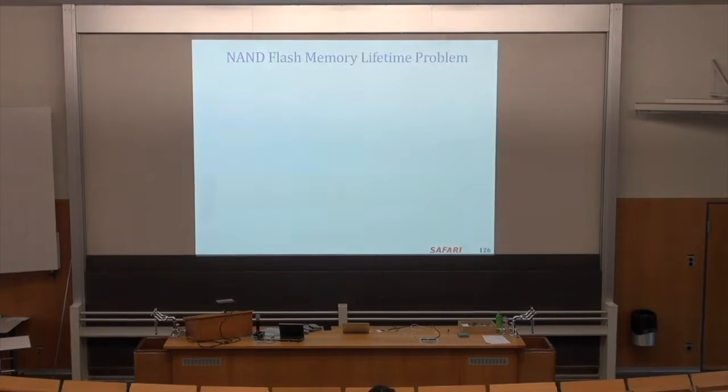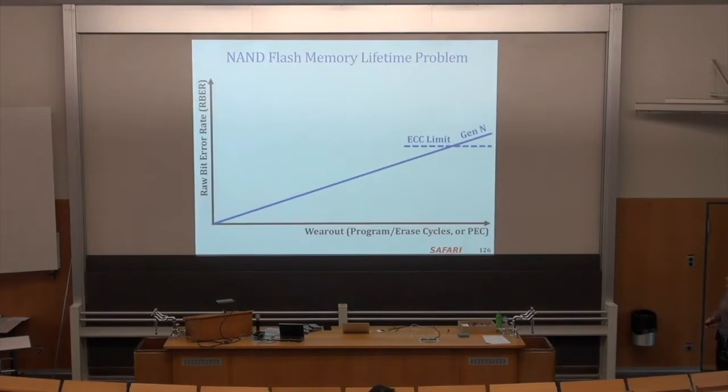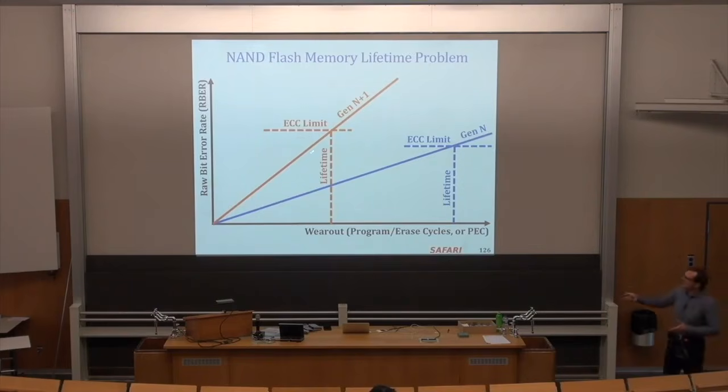Okay. So basically, we have this lifetime problem. I think we have seen this before. Generation N looks like this. And this is an example. The raw bit error rate curve looks like this. And you have some ECC that achieves some lifetime, right? And if you go to generation M+1, even though you may increase your ECC capability, your lifetime becomes lower because this is much less reliable, right?